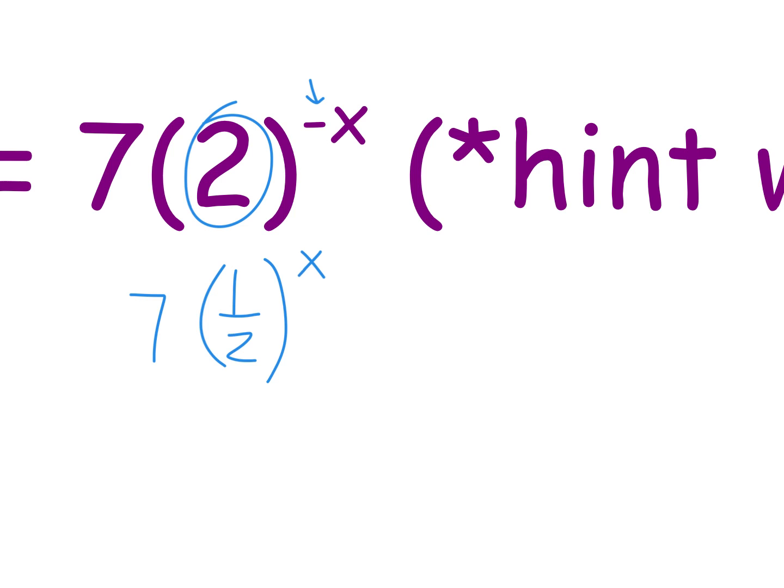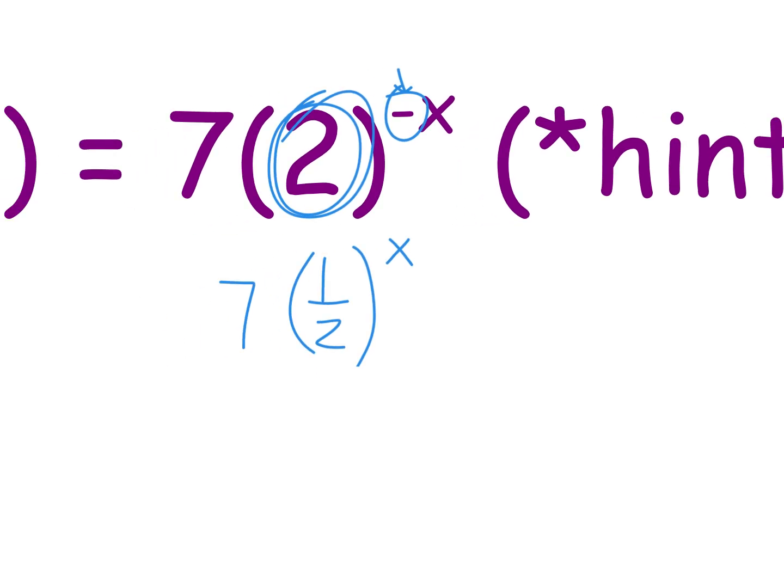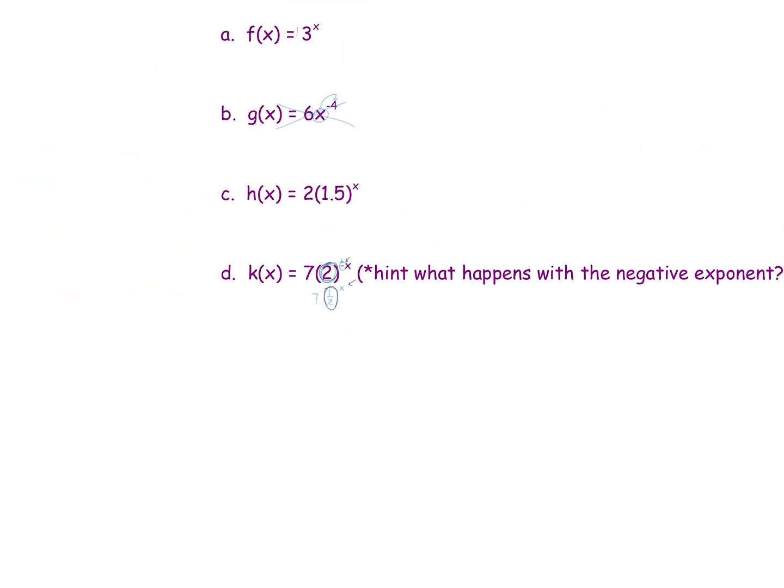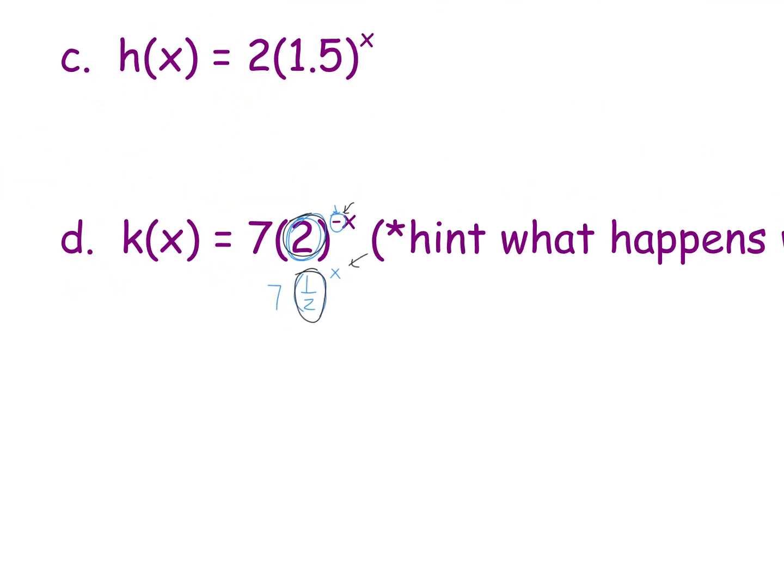So couldn't I just get rid of that negative exponent by flipping the base? Isn't that what happens when I do the negative exponent? It just flips over. I'm pretty sure this is exponential because, in fact, I know it's exponential. It just happens to turn into exponential decay. See? The negative can just flip this. So it's okay for that to be negative. All right. So that last one is exponential.